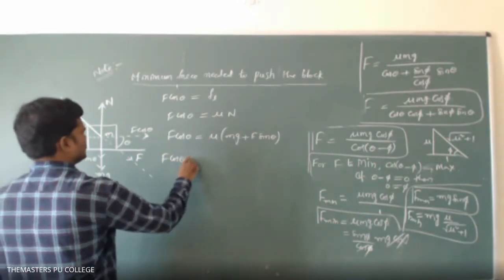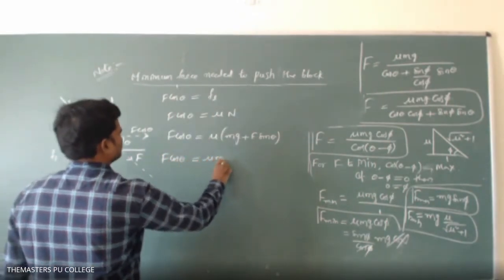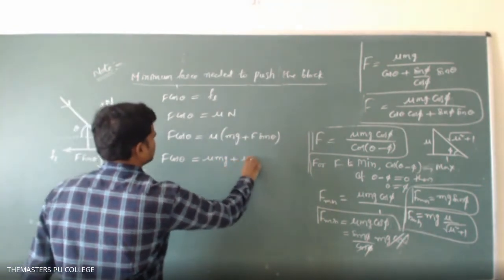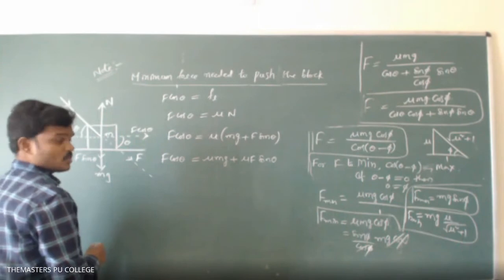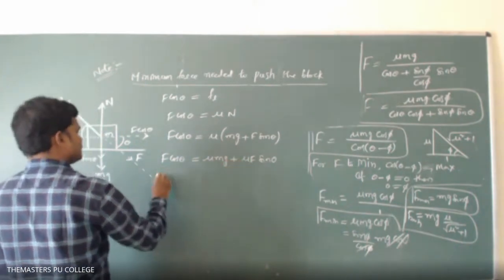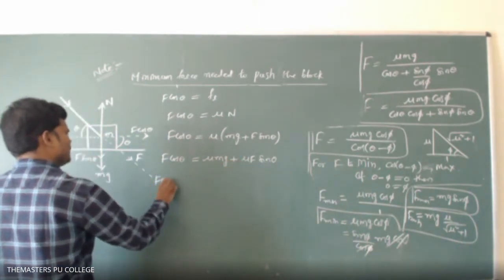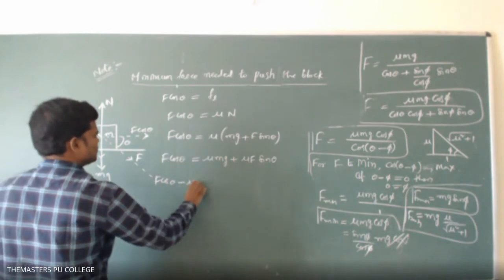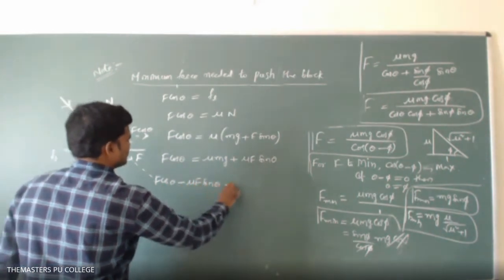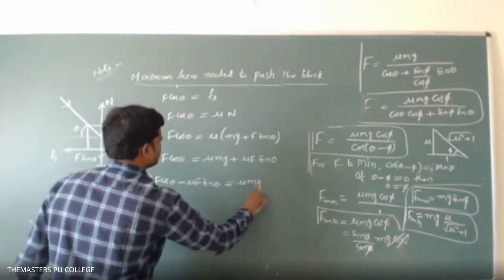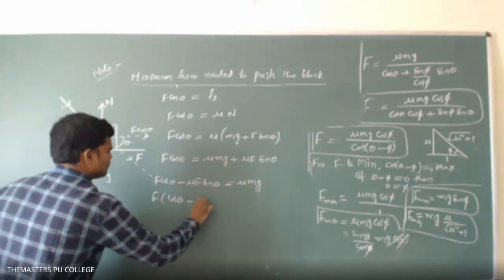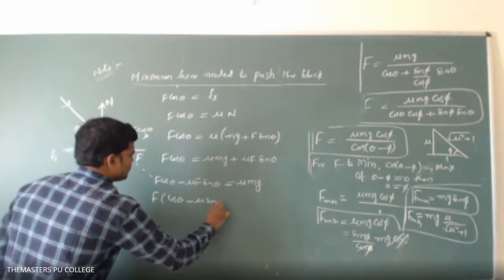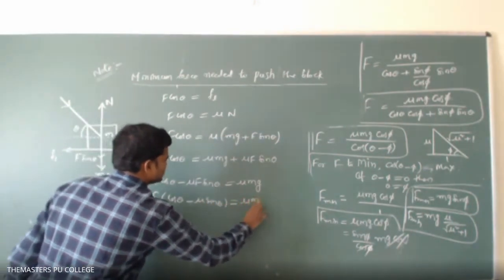F cos theta is equal to mu mg plus mu F sin theta. Take this mu F sin theta to the left side: F cos theta minus mu F sin theta is equal to mu mg. Take F common: F times (cos theta minus mu sin theta) is equal to mu mg.